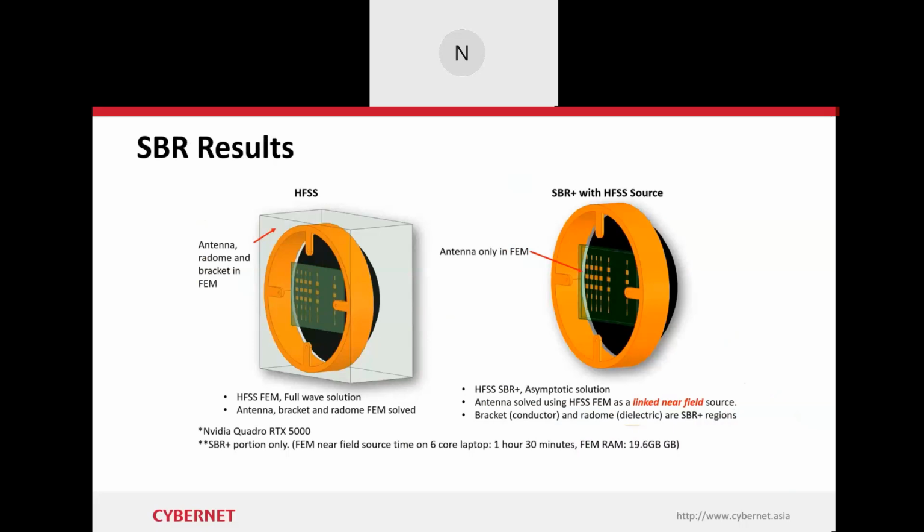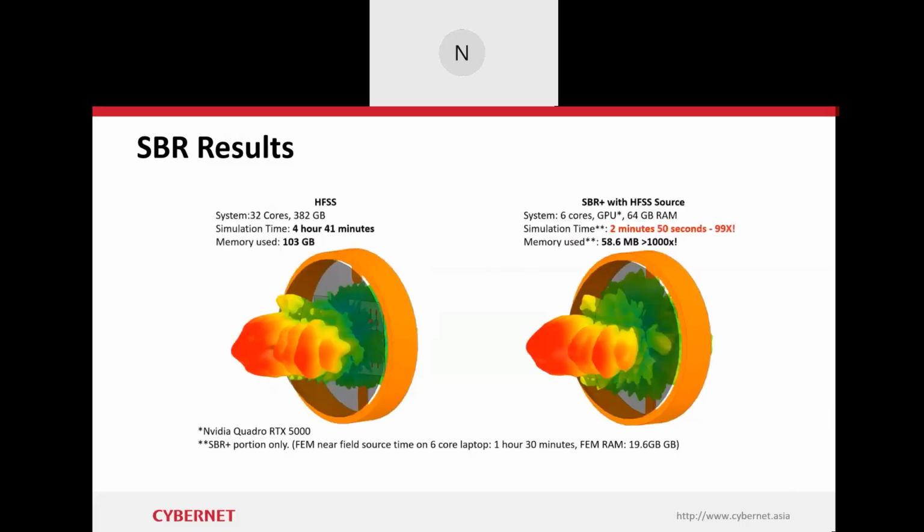First, we will compare the results of HFSS and the shooting and bouncing rays. HFSS will simulate the radar very well, but it has a high simulation cost: you use 32 cores and more than 300 gigabytes of RAM, and you will spend 4 hours on the simulation.